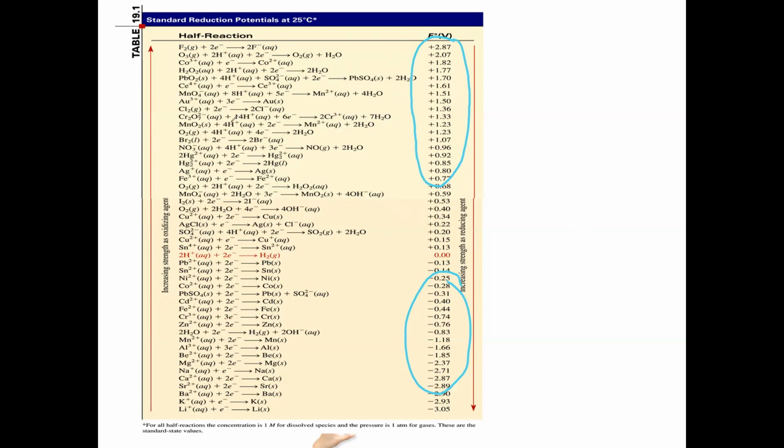When the teacher gives you two equations, like for example this one and this one, the one which has higher reduction potential will undergo reduction.